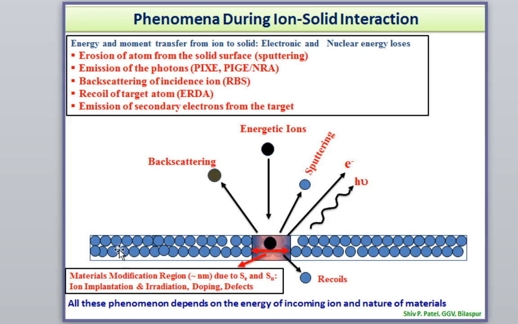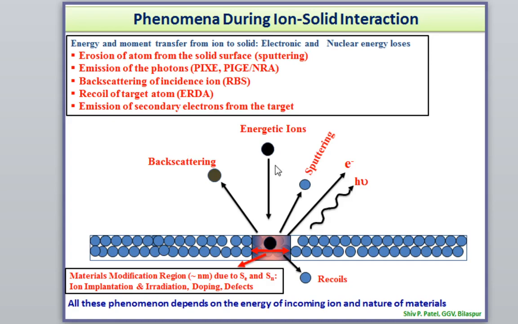If you see, these target atoms are there, these blue circles. If this target material is bombarded with the energetic ions from the accelerator, so the accelerator is basically somewhere here, that is giving high energy charged particles, that is energetic ions, heavy ions. If these heavy ions fall on the target material, we have learned that several phenomena may occur.